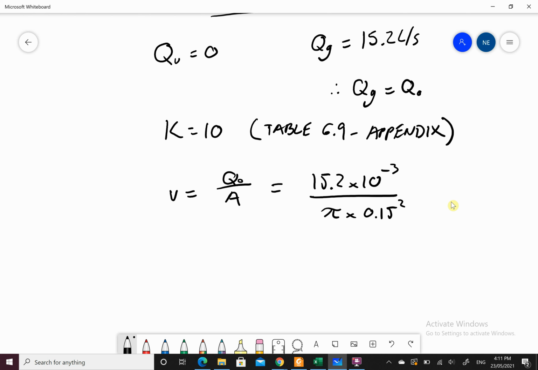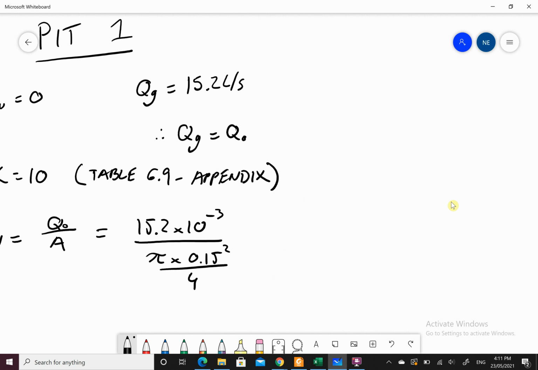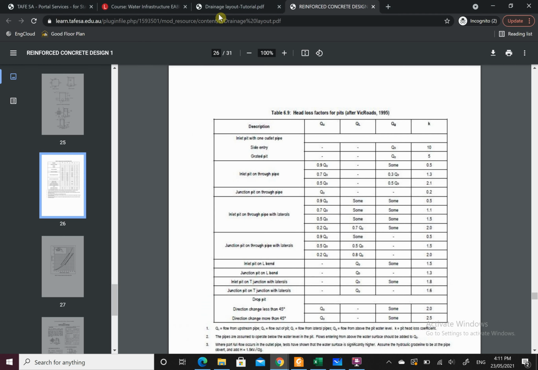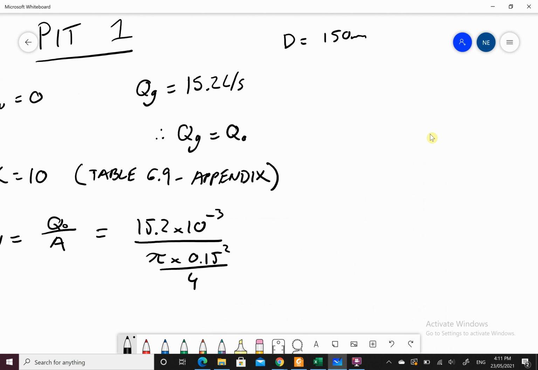D is 150 mil concrete pipe. Just so we don't forget, D is 150 millimeters. This was given to us by the tutorial question. This is our assumption: assume 150 mil concrete pipes. So put this into a calculator and you should get 0.86 meters per second.